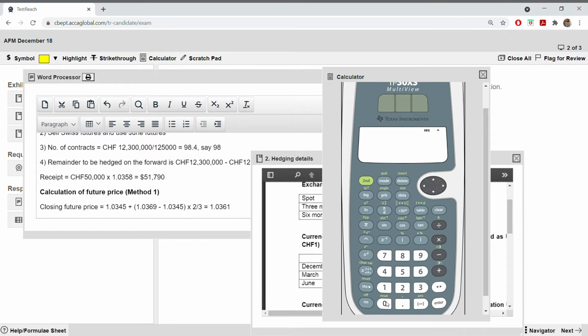Okay, it's much faster for you to enter the number by typing rather than clicking on the screen. 1.0345 plus 1.0369 minus 1.0345 multiply by 2 divided by 3. Do you see this? Just that bracket makes a lot of difference, error.